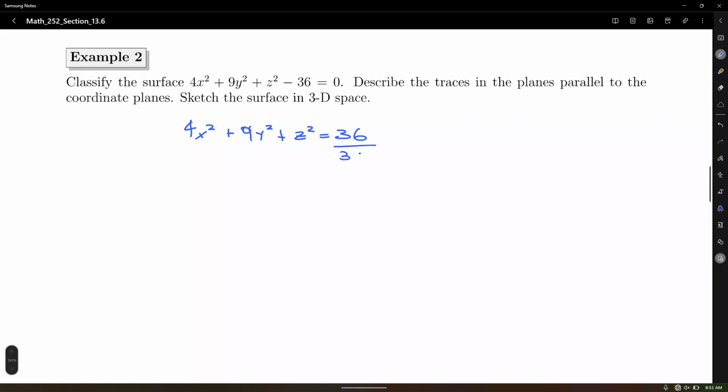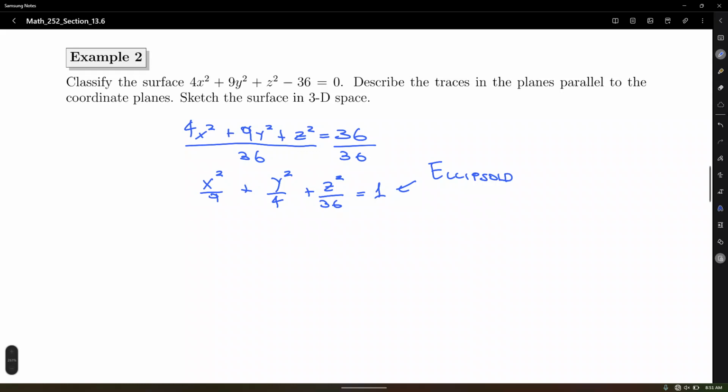Doing so, that's going to give us, 4 over 36, that's x squared over 9, plus y squared over 4, plus z squared over 36 equals 1. And indeed, this is an ellipsoid.